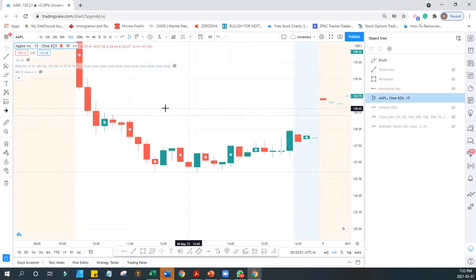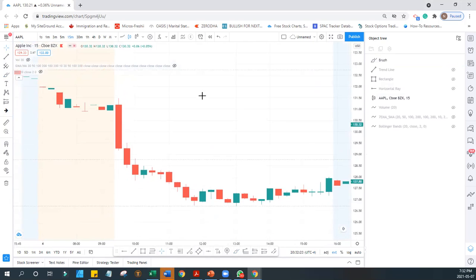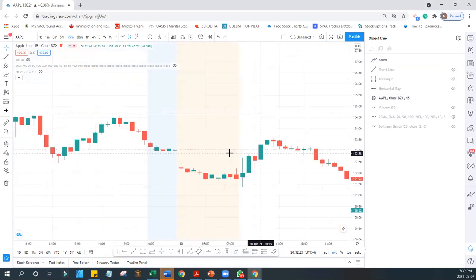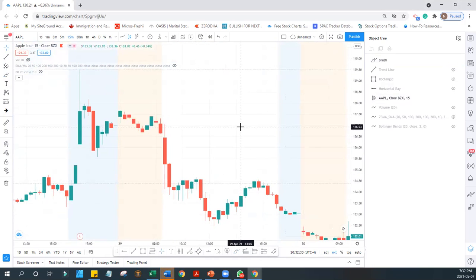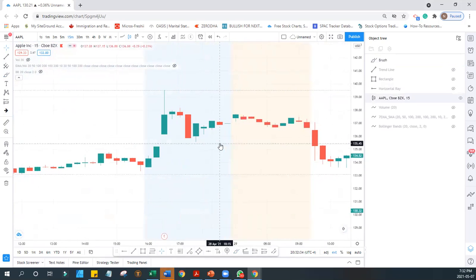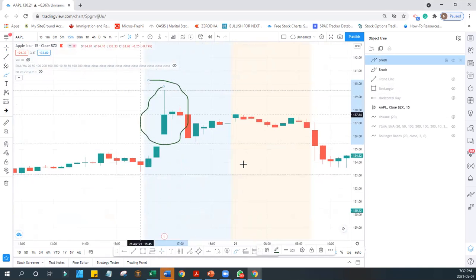Now let me find a bearish inverted hammer. Okay, this one. Now this is interesting. Who is in control? Bearish.